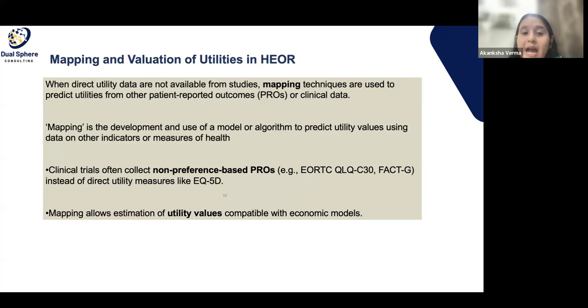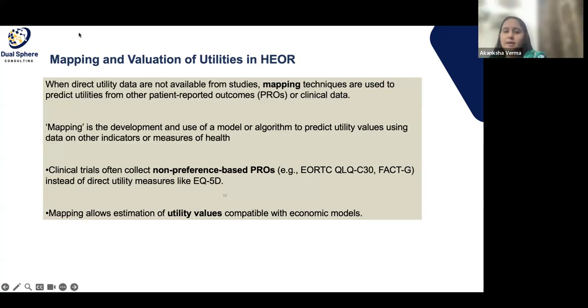Mapping is the development and use of a model or algorithm to predict utility values using data on other indicators or measures of health. For example, you don't have a utility value for COPD, but you have it for asthma.